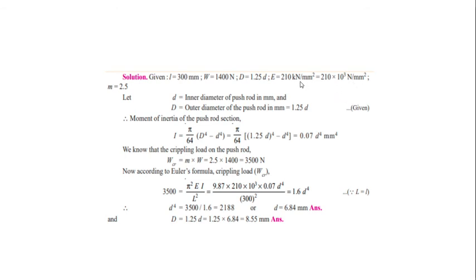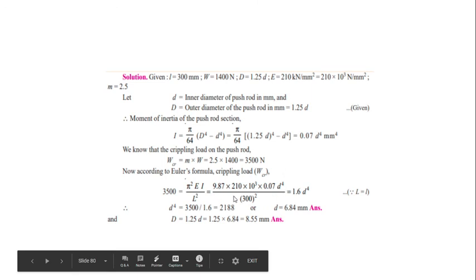Don't substitute in kilonewton per mm square. Then the I value we found in terms of small d, 0.07 d power 4, divided by L squared, with L given in mm. Now substitute and simplify all the values.